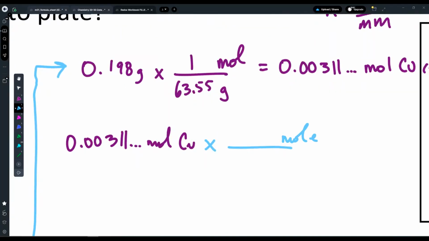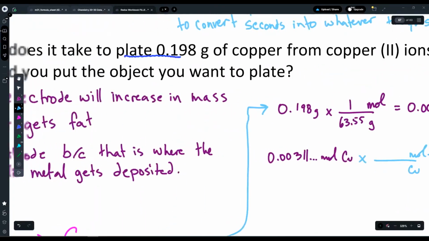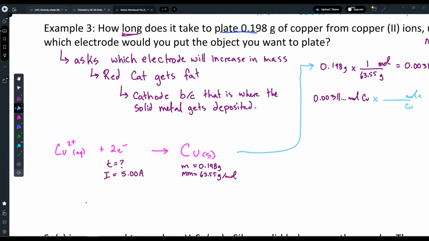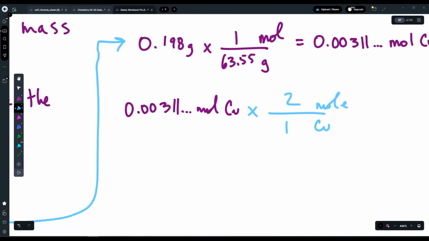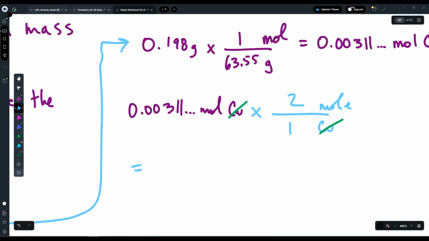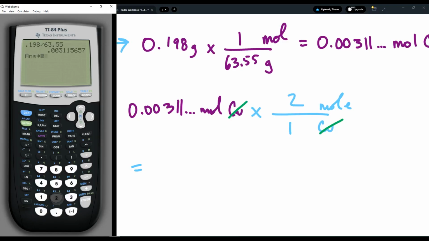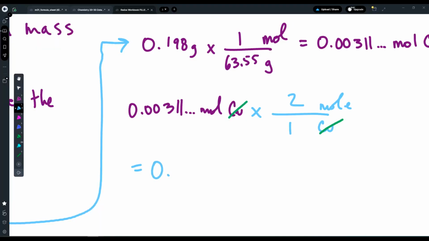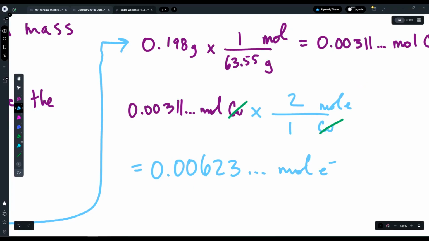So we got moles of electrons and we're given copper. So looking at our balanced chemical equation, we have a coefficient of 2 in front of electrons and 1 in front of copper solid. If you treat the identity of the substance like a unit, copper cancels out. So I'm taking this number, multiplying it by 2, and we get 0.00623, goes on forever. And that's going to be our moles of electrons because those are the units that did not cancel out.